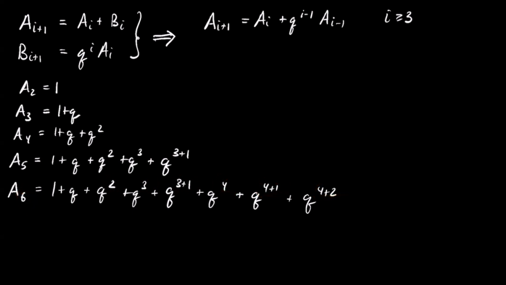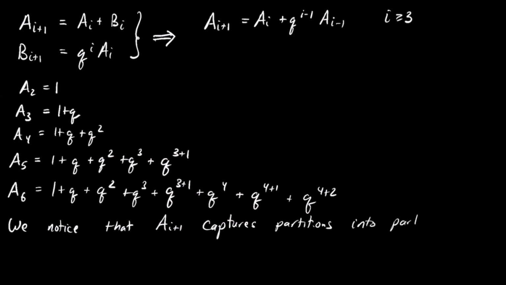So we might notice that a_{i+1} captures partitions into parts that are less than or equal to i minus 1, right? So a6, the largest I'm allowed to use is a part of 4, with difference greater than or equal to 2 between the parts.